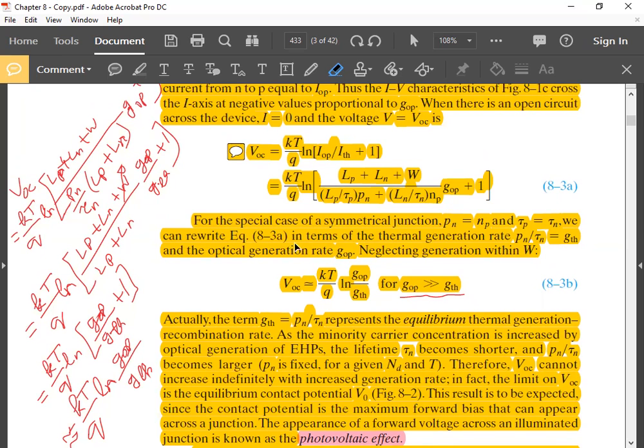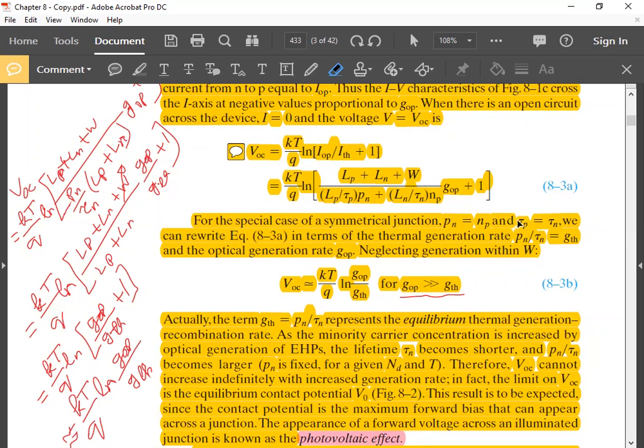Okay, sir. So further simplification. For a special case, a symmetrical junction, pn is equal to np. That means the minority carrier concentrations at the N side and P side are the same. That is easily obtainable if the doping concentrations of the P side and N side are the same. Then majority carrier concentrations are the same, so minority carrier concentrations will also be the same.